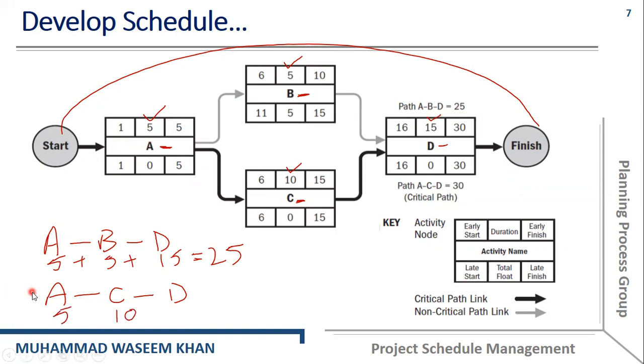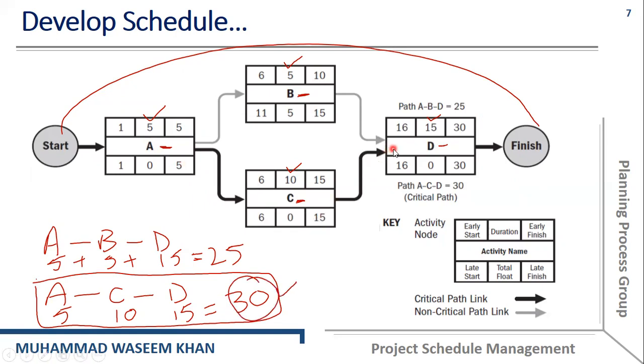For path ACD, A is 5, C is 10, and D is 15, so it equals 30. Which one of these two is the critical path? Yes, the path A, C, D is the critical path because it is the longest path in this project. That means we need at least 30 days to complete the project.